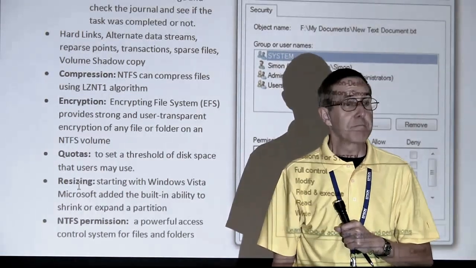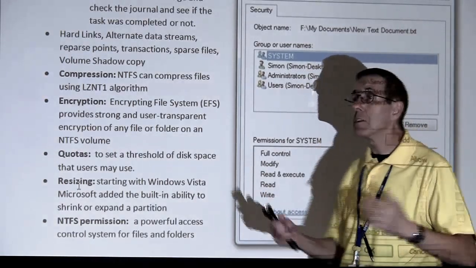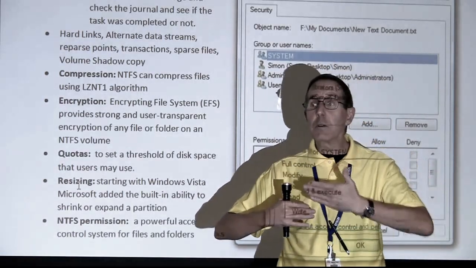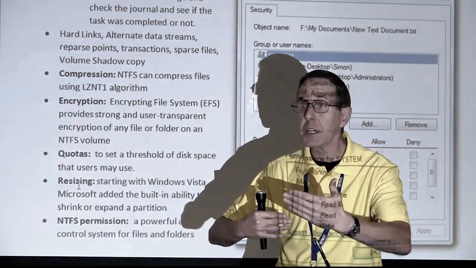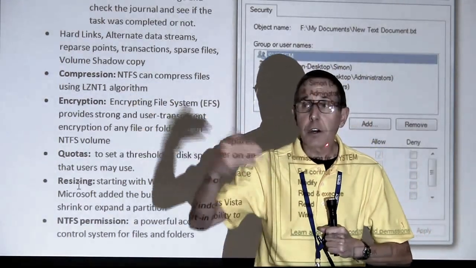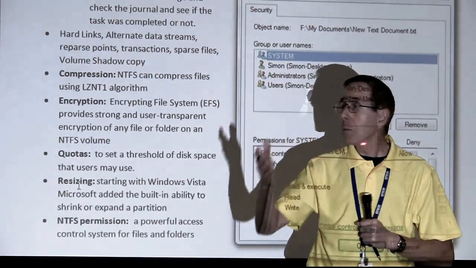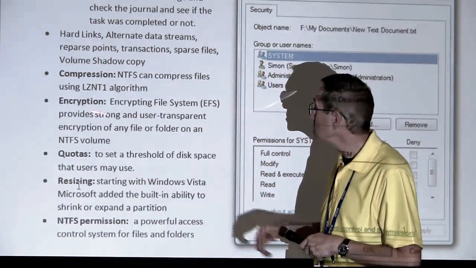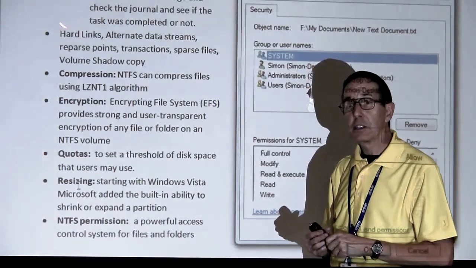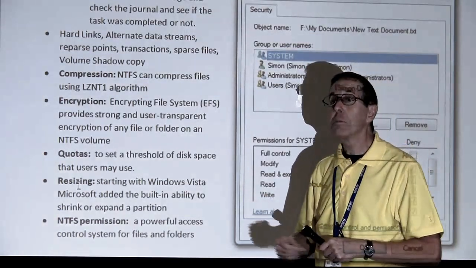So this is why in a domain, the domain administrator generally sets out a group policy and says, you can't use EFS on a domain unless we allow it. Now at home, I'm going to show you how to use this, and you're going to be able to do this at home. But just remember, you better create a way of unencrypting your data.